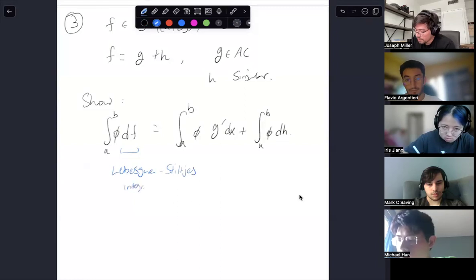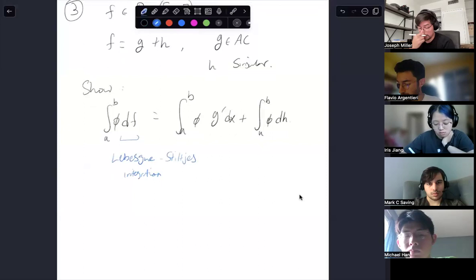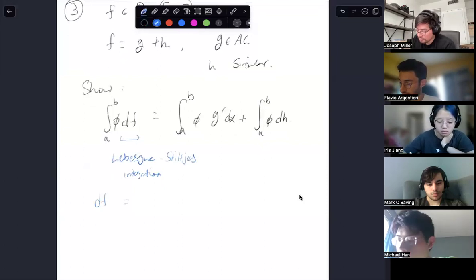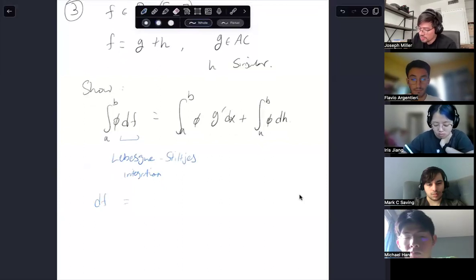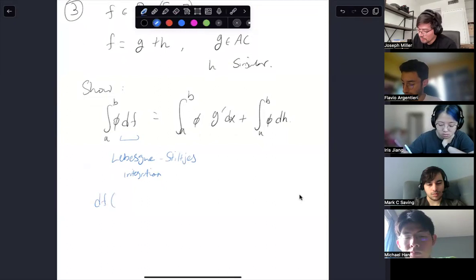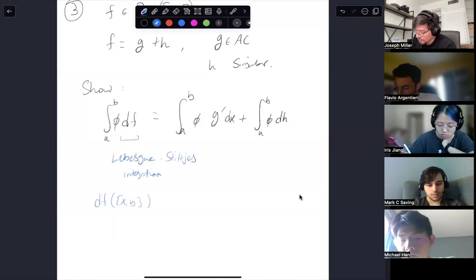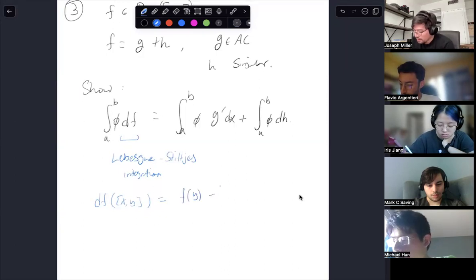Part of the exercise is, what does this quantity mean? I look at df as being the measure which assigns the following values. If I look at an interval, let's say x and y, I'm viewing it as a measure, so what this should be is f of y minus f of x.